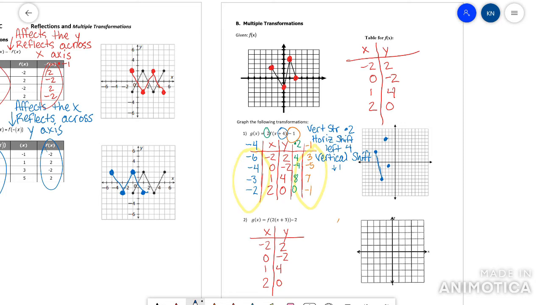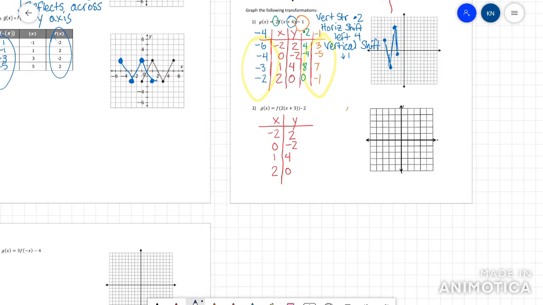Then connect the dots, and that would be done with that problem. Yes, it looks kind of weird, but you have to think it got stretched vertically, it got shifted over. Yes, it's going to look weird.